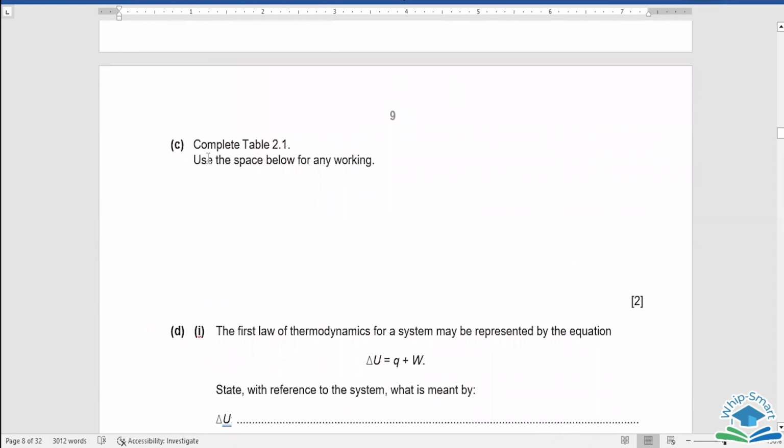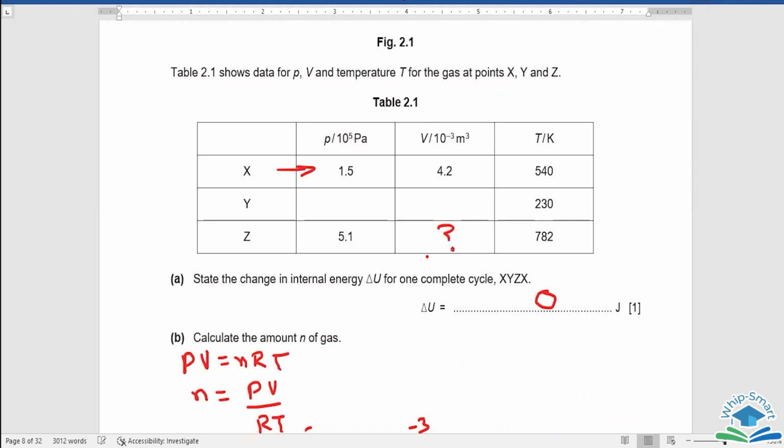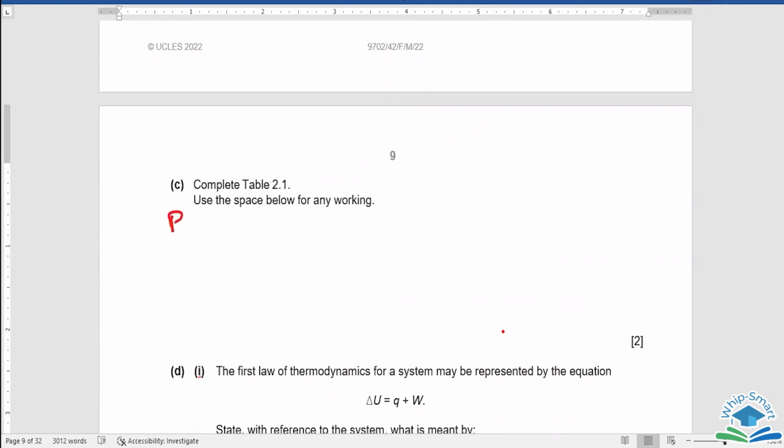Next part says complete the table, use the space below for any working. So if we find the volume of Z first, then the other two quantities of Y will be easier to find. So let's use the relation P1 V1 upon T1 is equal to P2 V2 upon T2.